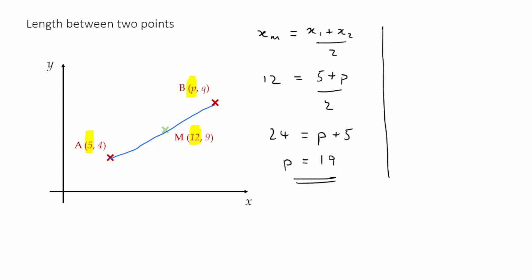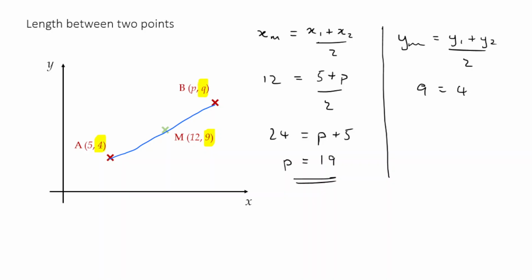How do we find the point Q? Well, that's the y-coordinate value. We just do the same thing. The y-coordinate of the midpoint is equal to y1 plus y2 all over 2. And we just substitute in. The y-coordinate of the midpoint is 9. And y1 and y2 are 4 and q, right?